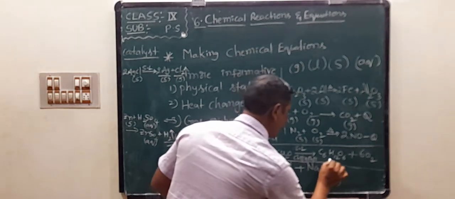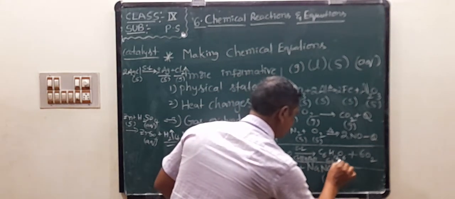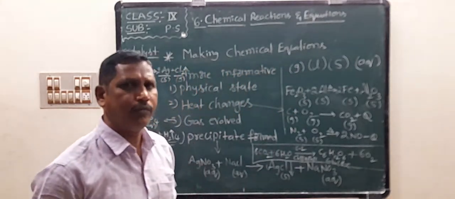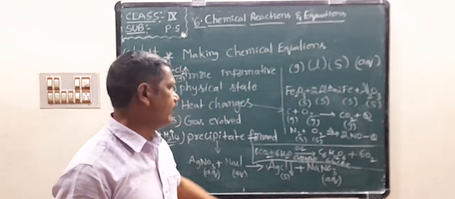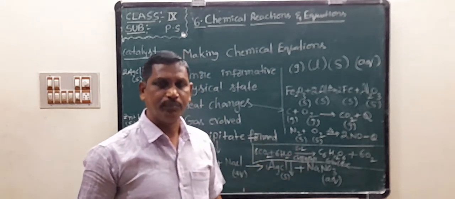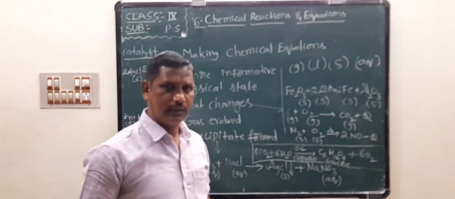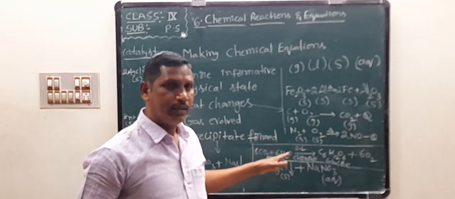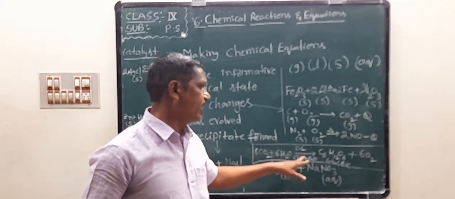This is the glucose. You know chlorophyll is present in the leaf. Here sunlight and chlorophyll act as a catalyst.